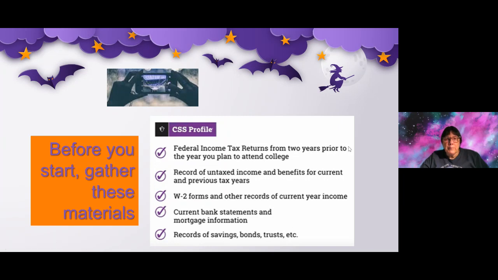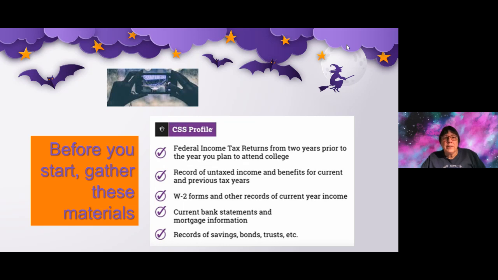Before you start, make sure that you gather these materials together. You need your federal income tax returns from 2023 and 2022. In other words, the ones that your parents turned in earlier this year in April and then a year ago.